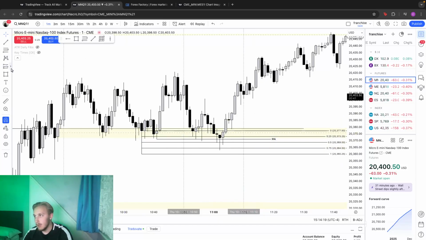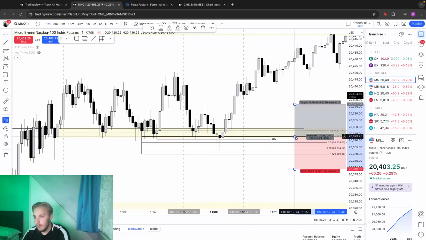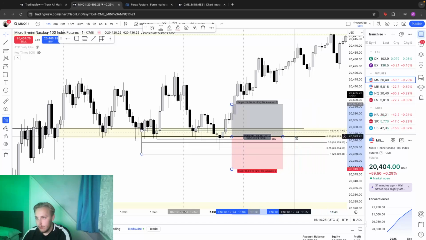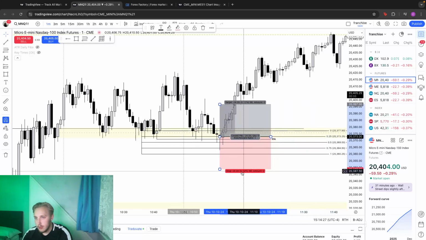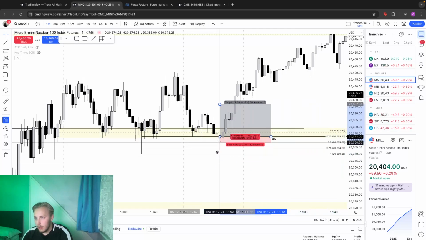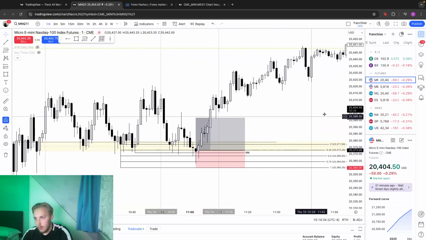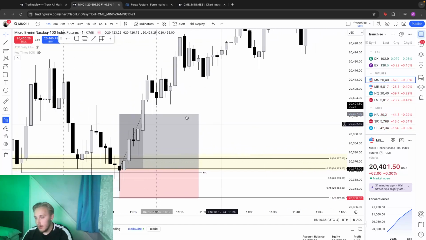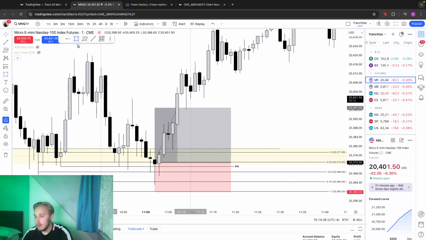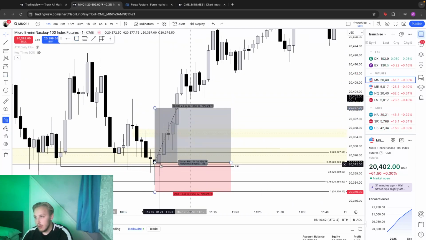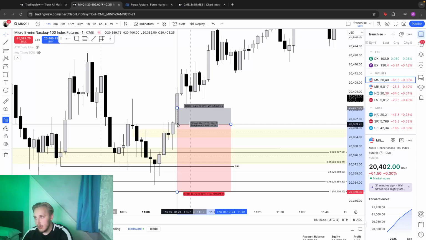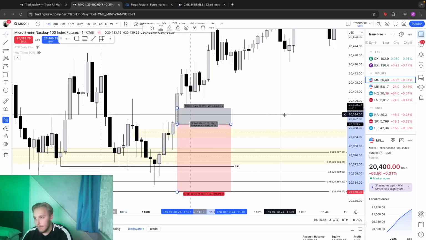Your entry could be at the upper quadrant right there. Stop loss at the low of the wick, or could have waited for this fair value gap to be inversed. We inverse it, we could have gone long from this candle right there.